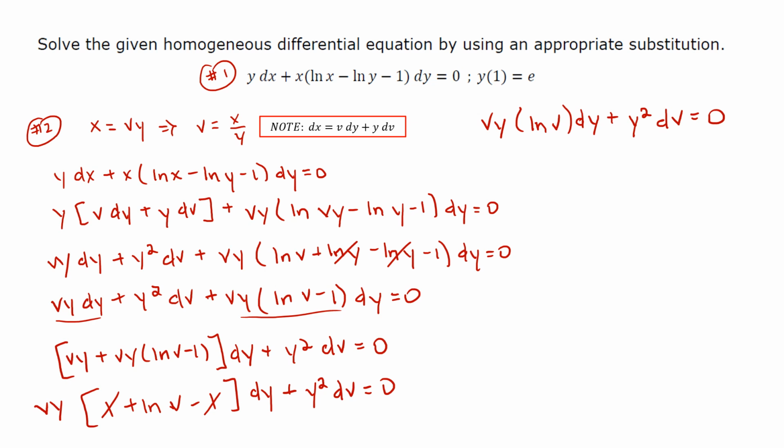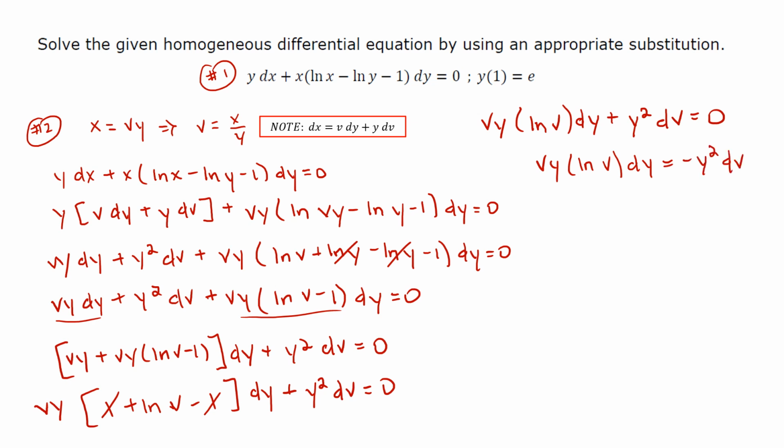So for step 3, we can now simplify and separate variables. Okay, so we need the y variables on one side and the v variables on the other side. So I'm going to subtract the y squared to the other side.